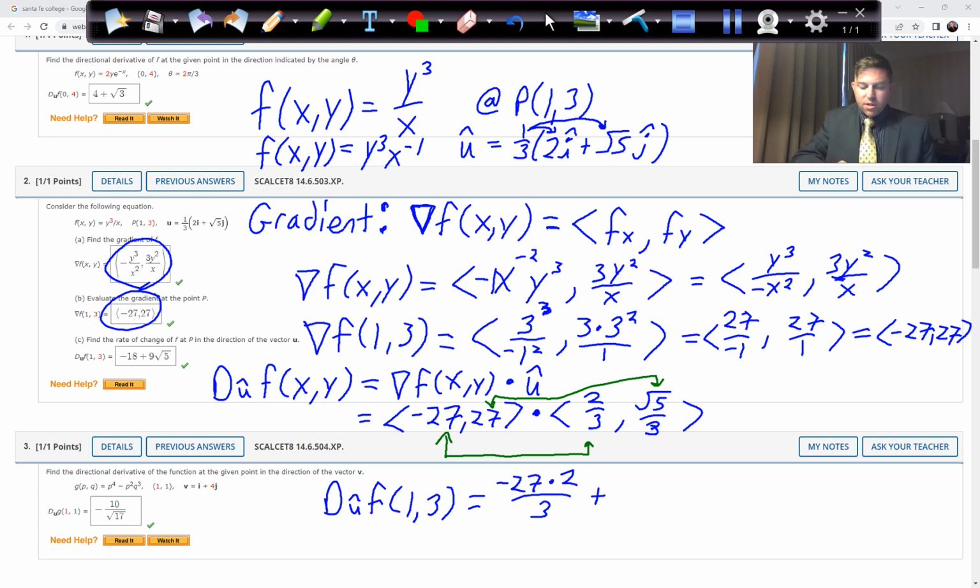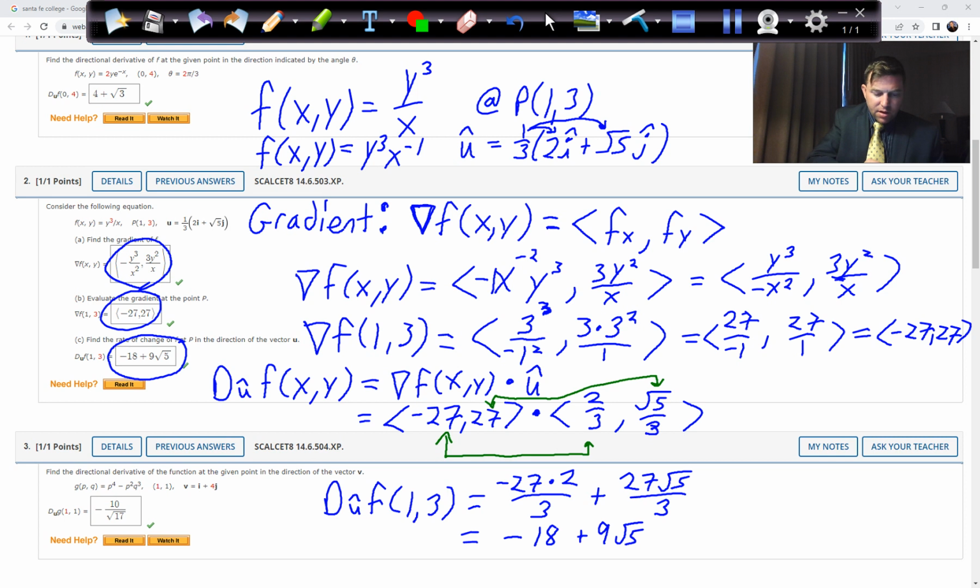We're going to get a scalar because we're multiplying and adding these components, plus 27 times root 5 over 3. But you can divide 27 by 3, it becomes 9. So this is going to be minus 18, and this is going to be 9 root 5. And that's what we have there. So that would be the directional derivative in the direction of a unit vector at a specific point.